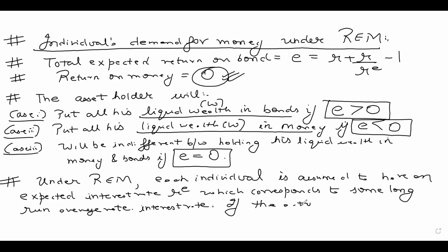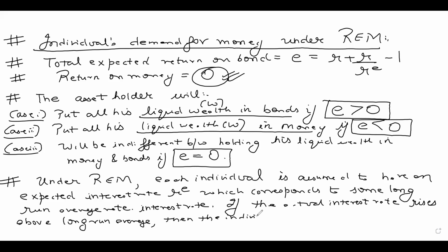If the actual interest rate rises above the long run average, then the individual expects the interest rate to fall in the future back to the long run average.